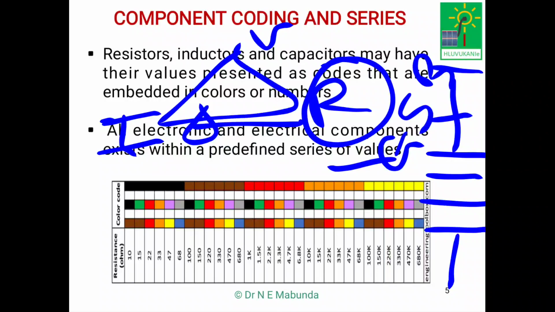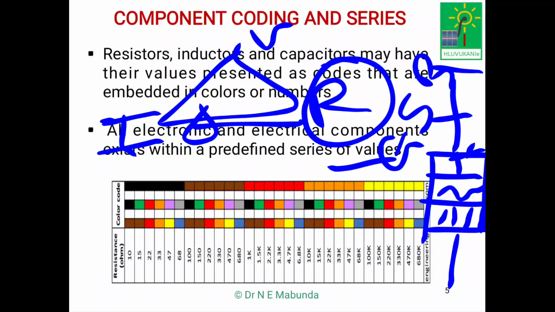Now, the first band here is the first digit, the second band is the second digit, the third is a multiplier. So if you got a certain value with 1 and 2, you multiply it by 10 raised to the number represented here.